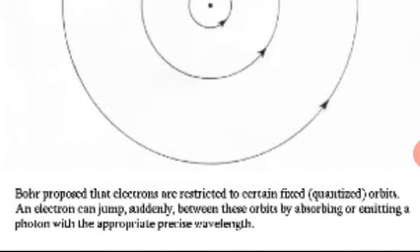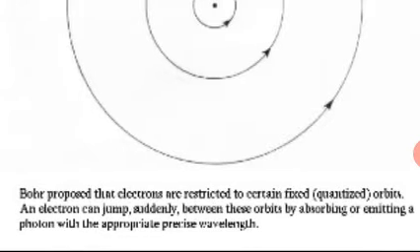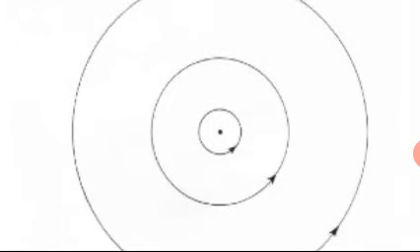This is Bohr's work. Bohr proposed that electrons are restricted to certain fixed quantized orbits. An electron can jump suddenly between these orbits by absorbing or emitting a photon, that is energy, with an appropriate precise wavelength. This is the lower energy orbit, the first circle, the smaller circle.